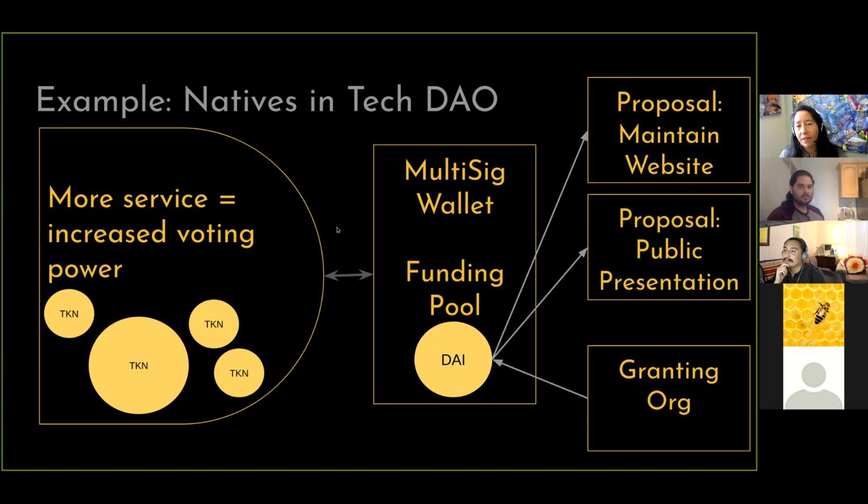Or we could have a Natives in Tech DAO. Again, granting organizations, and there's actually quite a few out there. And the more positive work you do in the community, the more funding you can get out there in the Ethereum world. And so you start with a granting organization, and then you can start paying money out to maintaining the website or public presentations, and then the members of Natives in Tech would vote on these different proposals.